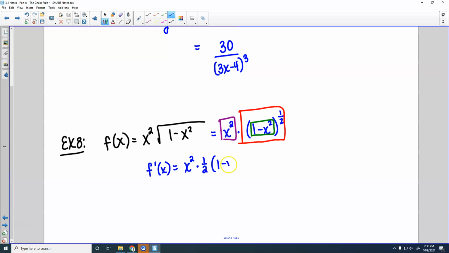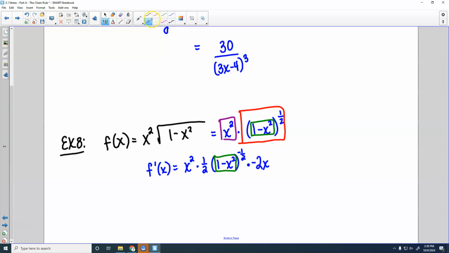Inside part stays the same, 1 minus x squared to the negative 1/2. So we've taken the derivative of the 1/2 power part. But now we got to multiply it by the derivative of the inside part. What would that be? Almost negative 2x.